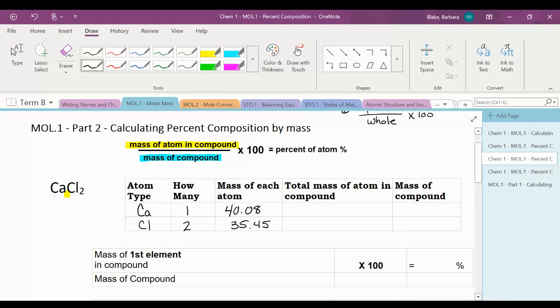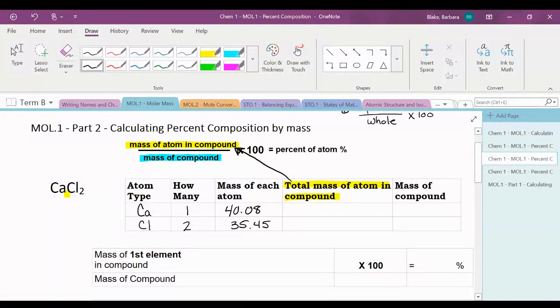Now, the one thing that's different from your worksheet from yesterday is this column right here. It is the total mass of each element in the compound. Oops, I want that to be yellow. Because that's the part that I'm going to fill into my percent problem.